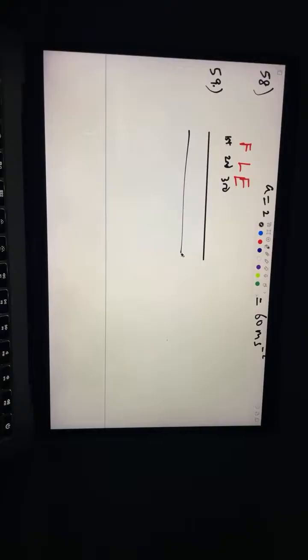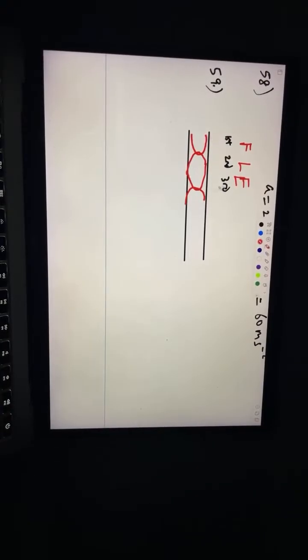Whenever you have an opening, the opening always has an antinode. So you have this, then to go to the second harmonic, it has to go like this.